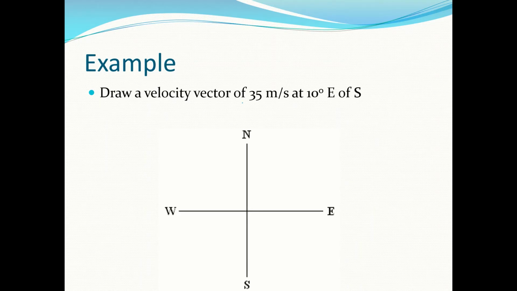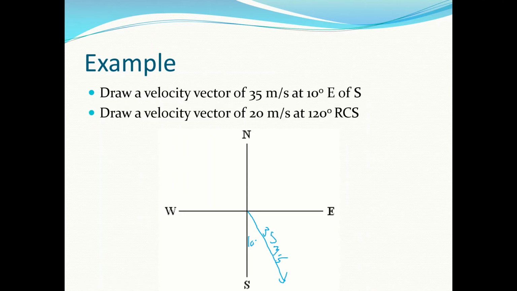So if it says that my velocity vector is 35 meters per second, 10 degrees east of south, I'm not going south, I'm going 10 degrees east of south. So this would be 10 degrees, and then the length of the arrow would represent 35 meters per second.